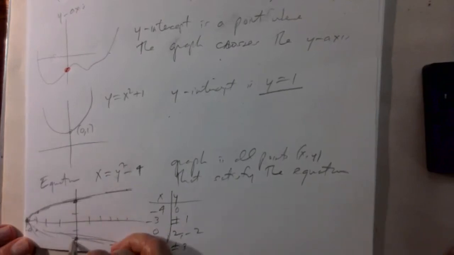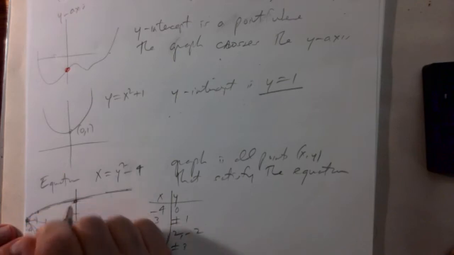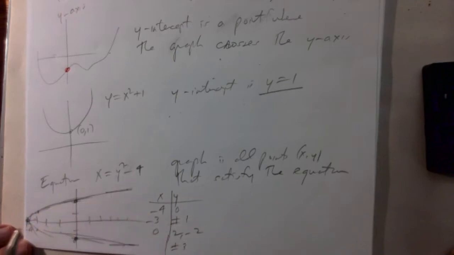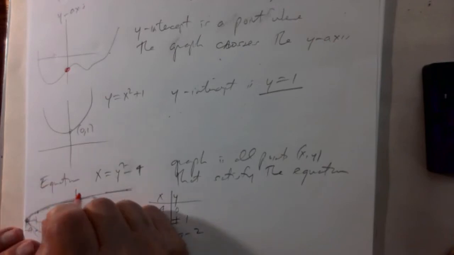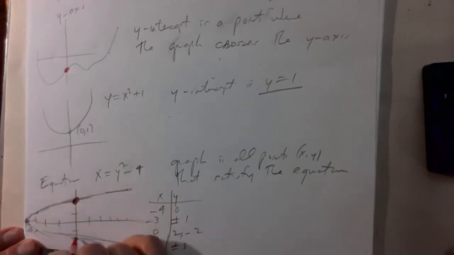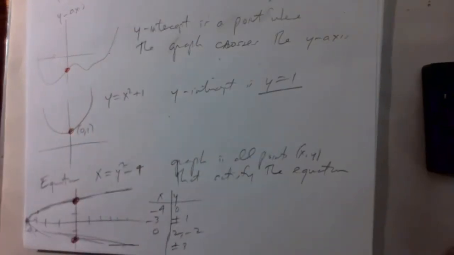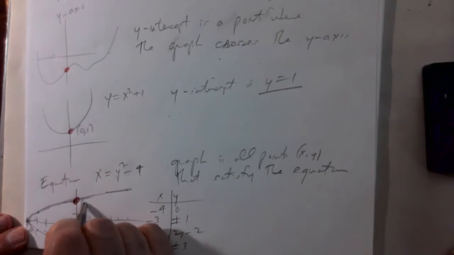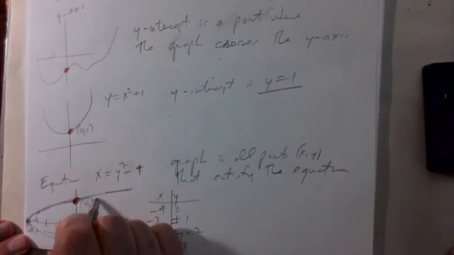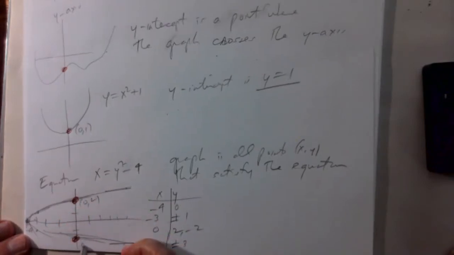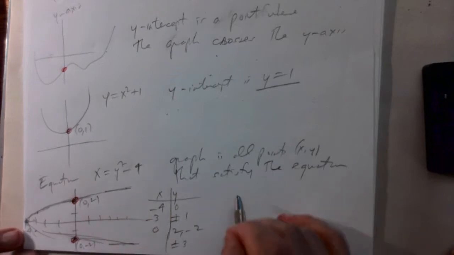And in this case, I have two places where the graph crosses the y-axis. I have this point, and I have this point. This point has coordinates 0, 2. This has coordinates 0, minus 2.